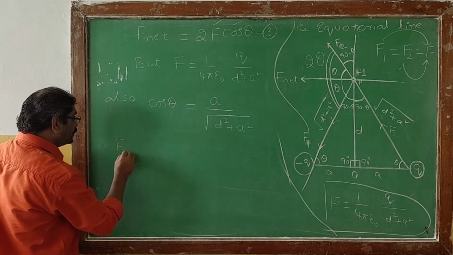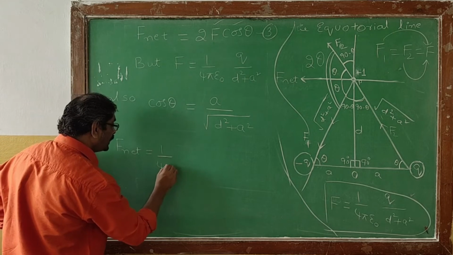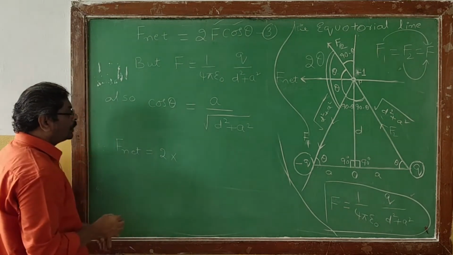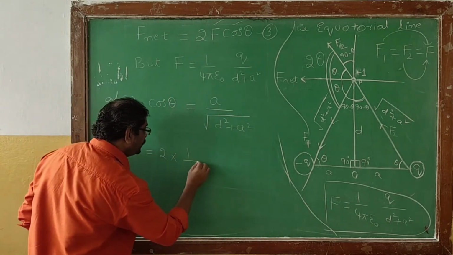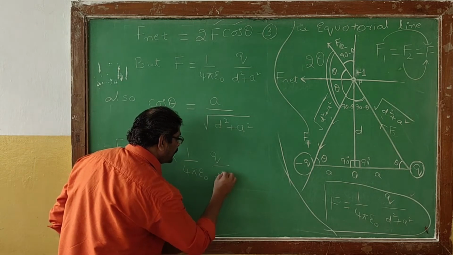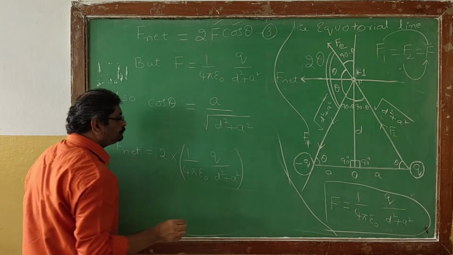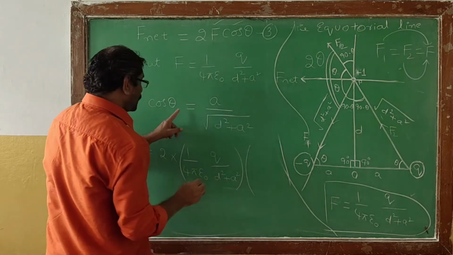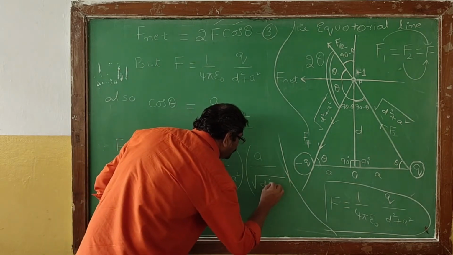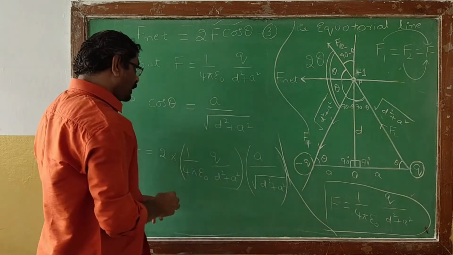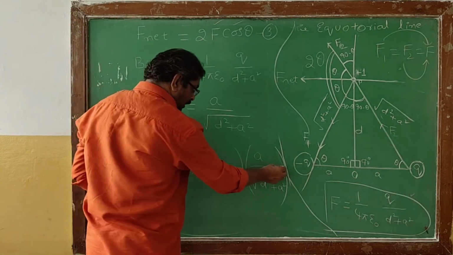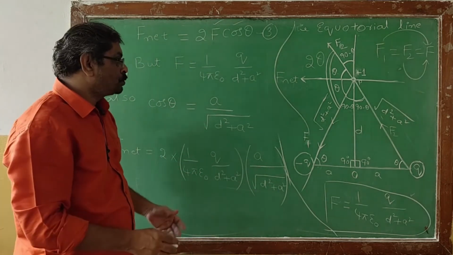Therefore the magnitude of the net force will be numerically equal to 2 multiplied by F, which is 1 by 4 pi epsilon naught q divided by d square plus a square, multiplied by cos theta, which is a divided by under root of d square plus a square.